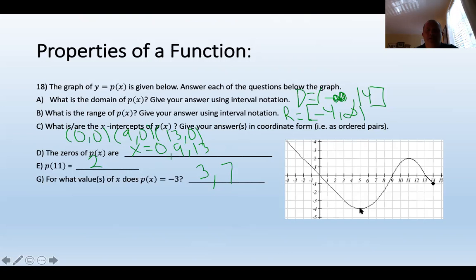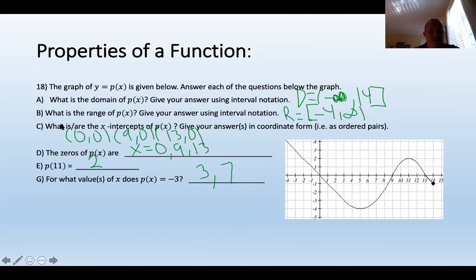The farthest down that the graph goes is -4. It starts at -4, and it's touching on -4. So we're going to include -4 for our y coordinate. And it goes on up to infinity. So -4 with a bracket to infinity with a parenthesis would be the range of the graph.